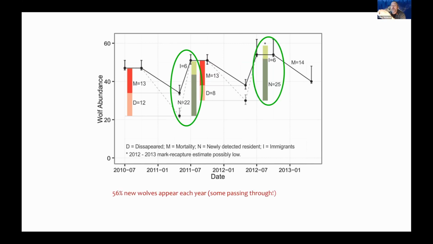But we also documented increases in the population, the recruitment. Some of this was through immigration, but interestingly, a large part of that was through reproduction. This is the dark green part, reproduction from the packs that we know. This is actually knowing the parents of the new animals, which showed this high flexibility of a wolf population.